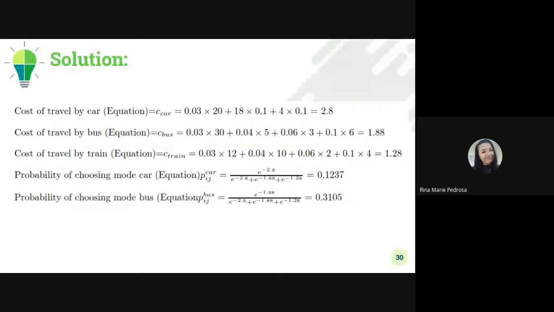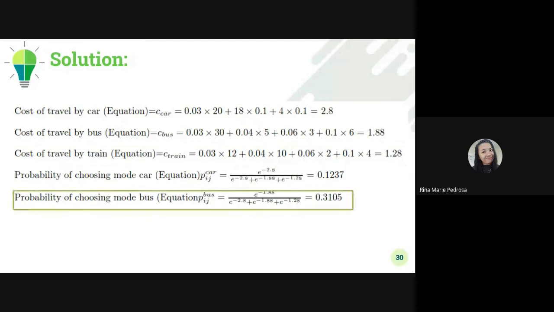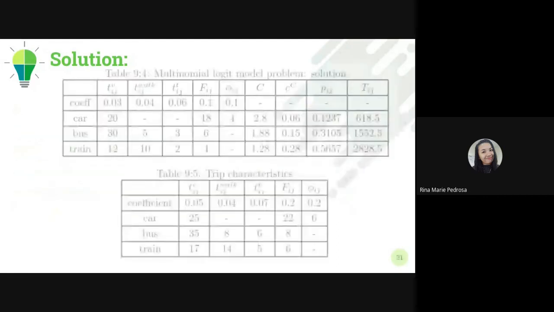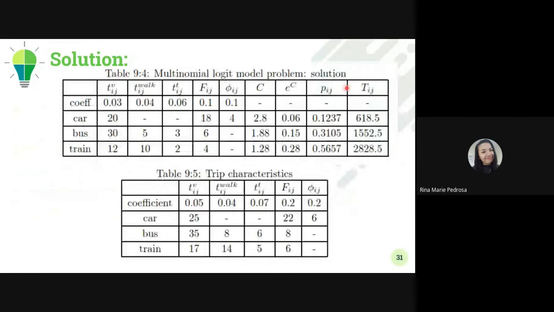This one's by car, and the other one is by bus. We get these answers. I think I forgot to include the train.